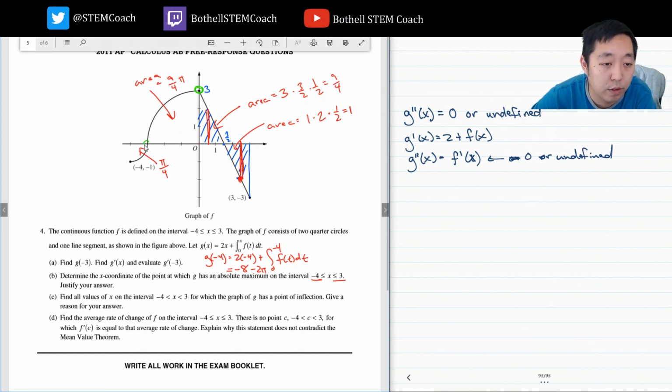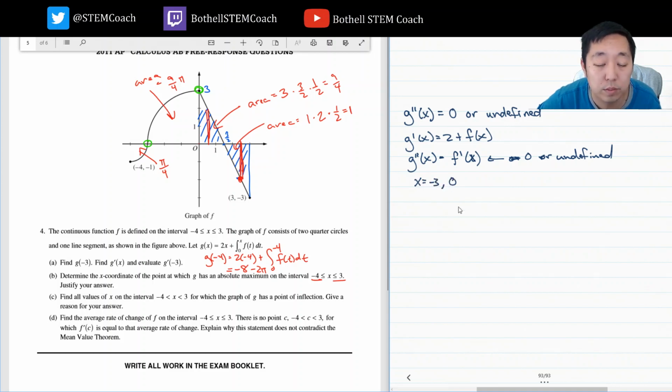It's also undefined here because the slope is vertical at this point. And I also want anywhere the slope is 0. It can't be at the endpoint, so we don't include the endpoints. So that's it, these points. So my candidate points are x equals -3 and x equals 0.